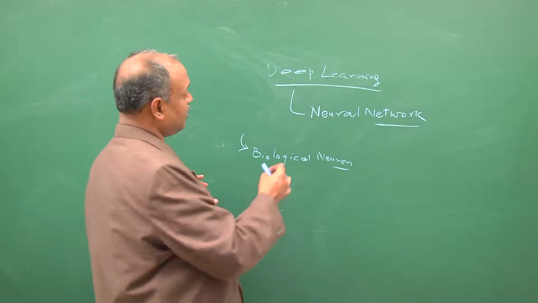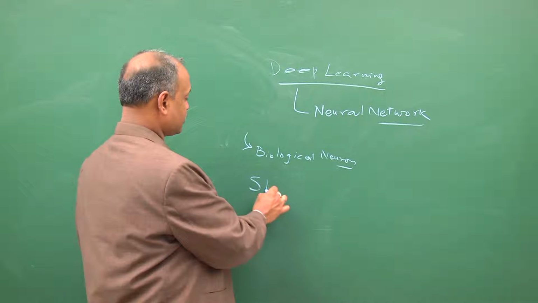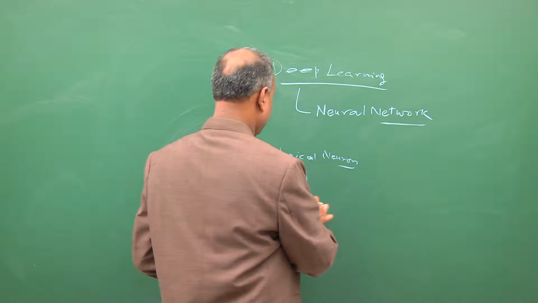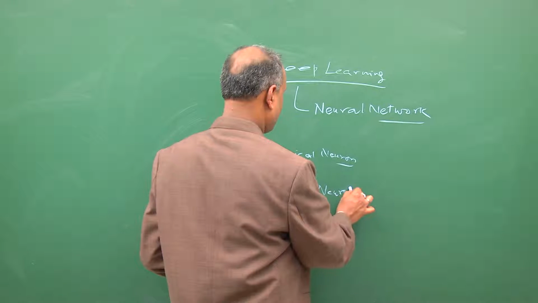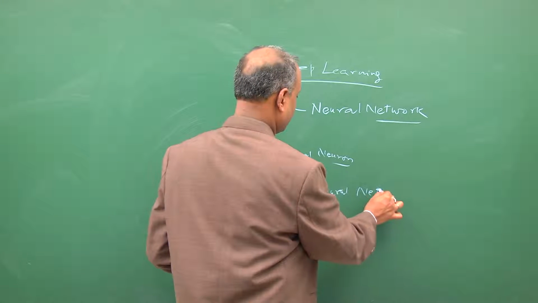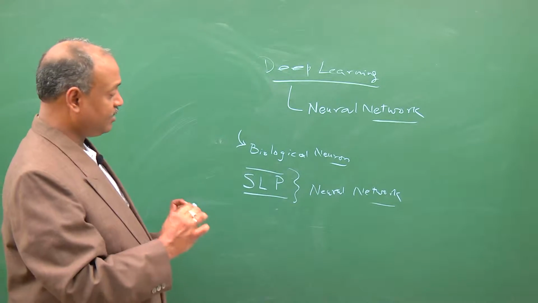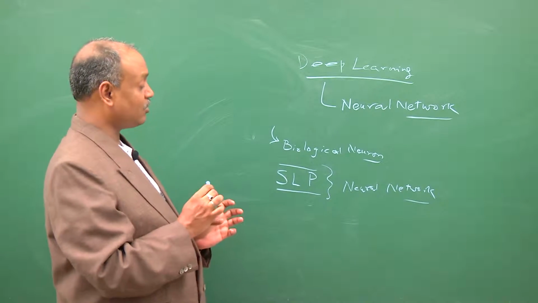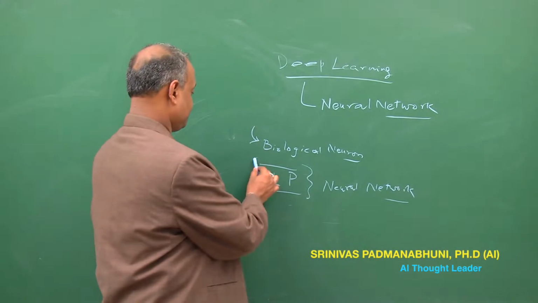So the simplest form of neural network invented in deep learning was what is known as single layer perceptron, which is the first form of neural network which remained the main source of formation of all kinds of programs which wanted to build neural networks.